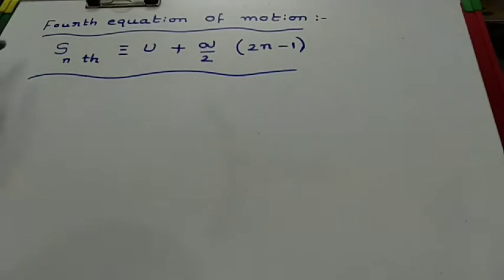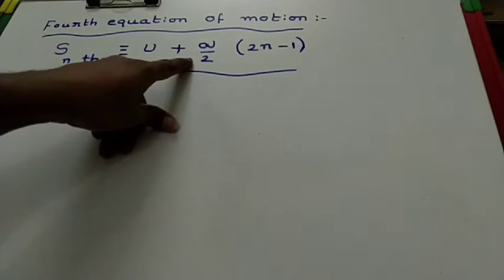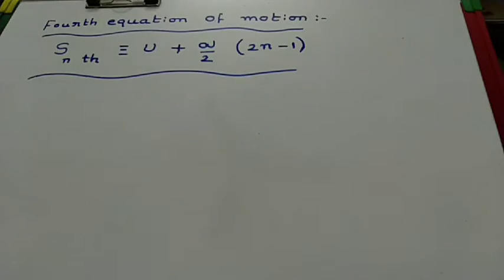Once again, S nth is equal to u plus a by 2 into 2n minus 1.